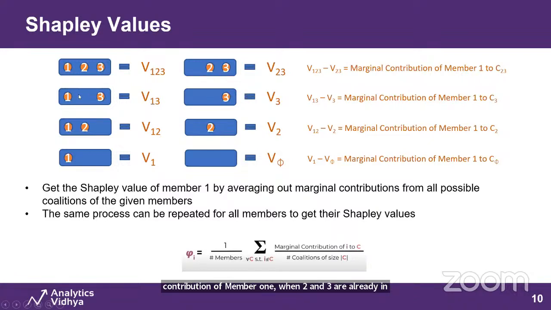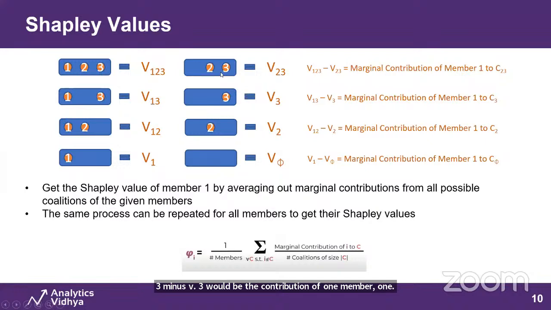And similarly, I also know that if just 1 and 3 are in the group, they get an output of V13. And if only 3 is in the group, it's V3. So V13 minus V3 would be the marginal contribution of member 1 to coalition {3}. So if only 3 was there initially and I add 1, then V13 minus V3 would be the contribution of member 1.